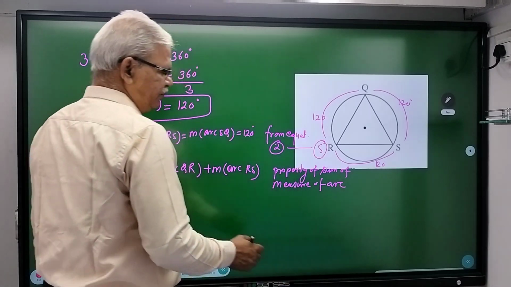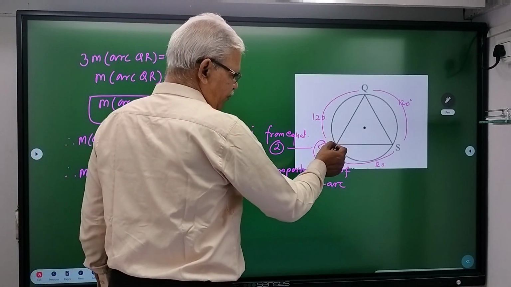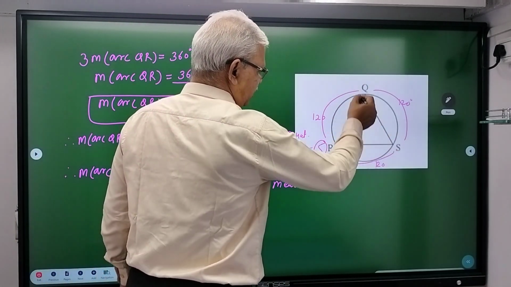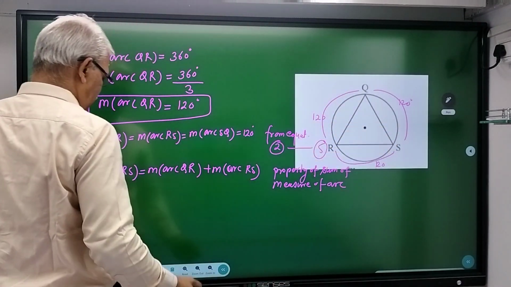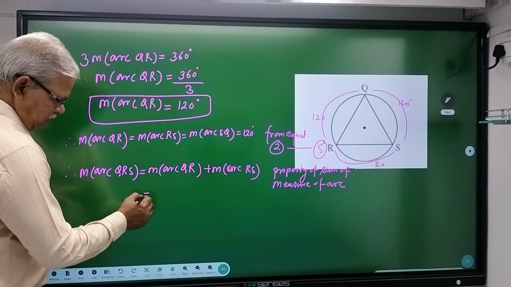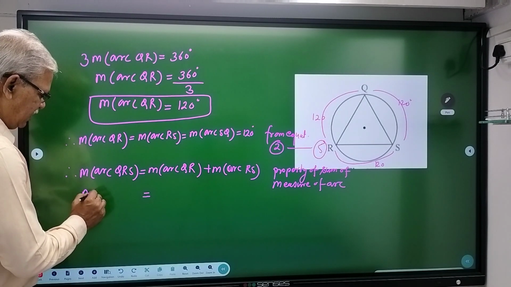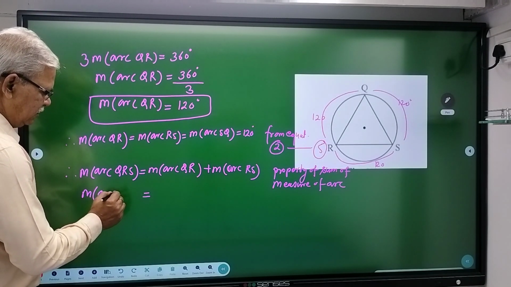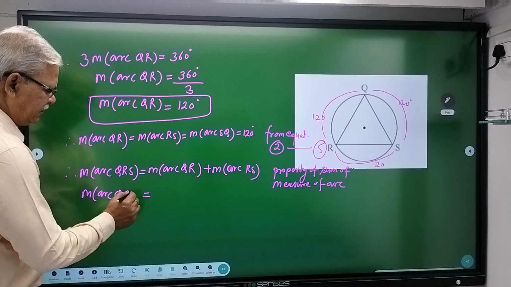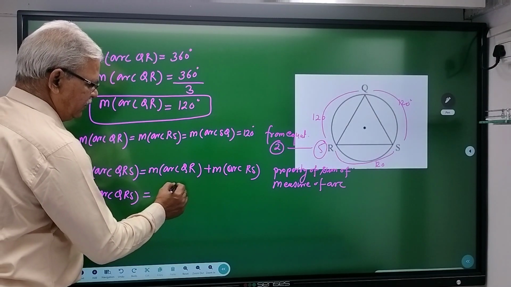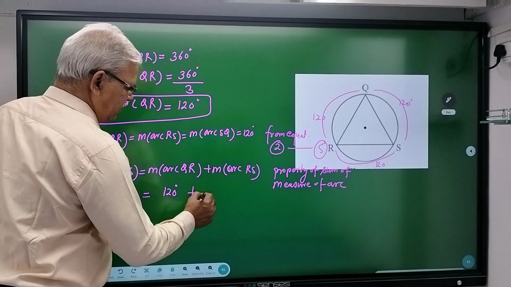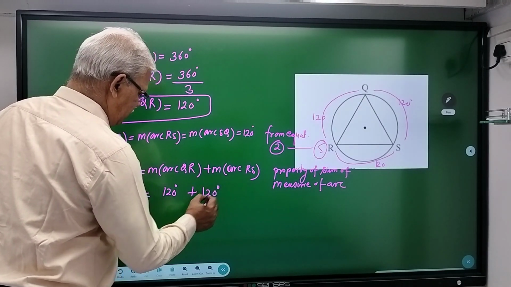Okay, what is the property? If one point is common in two arcs, we can sum them. Therefore, measure of arc QRS is equal to, here it is 120, here it is 120.